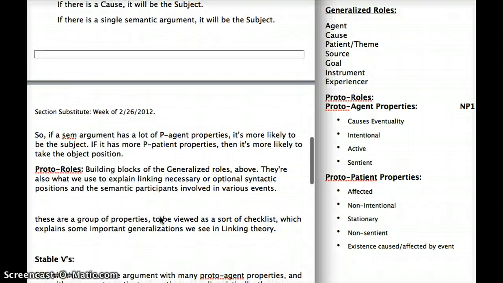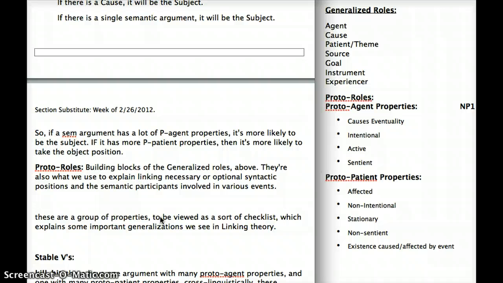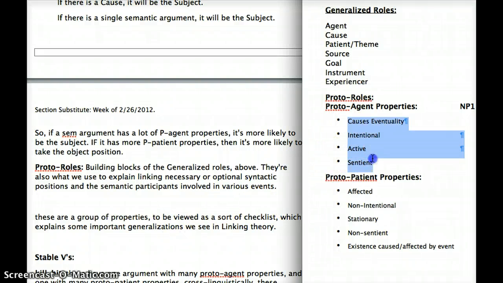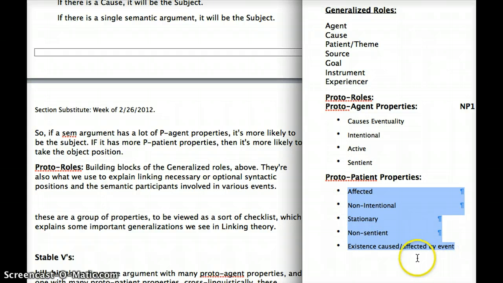So these are groups of properties to be viewed as a sort of checklist, which explains some important generalizations that we see in linking theory. These proto-roles that we see here show us good properties of subjects and good properties of objects. But essentially, we're going to have some sort of race.